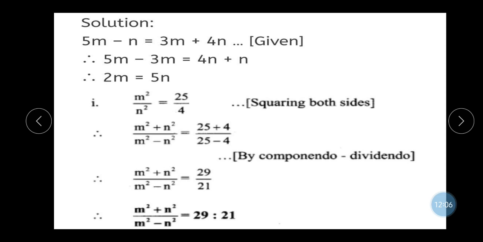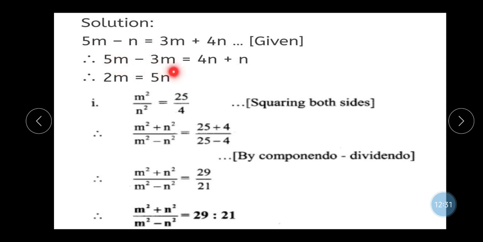Now in the question it is given that 5m minus n is equal to 3m plus 4n. Now let us solve this equation. Now we will be taking the like terms together. So when 3m comes to the LHS side, it gets subtracted, and when n comes to the RHS side, it gets added up. So let's solve it.